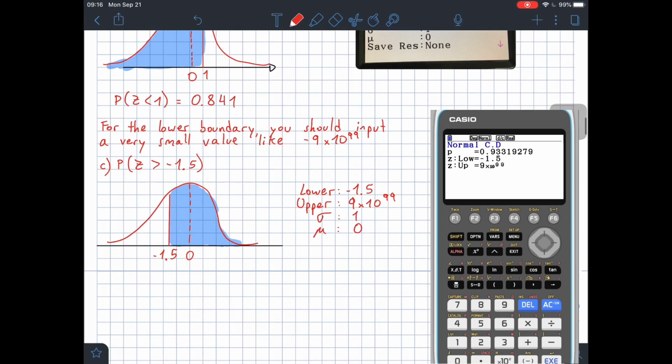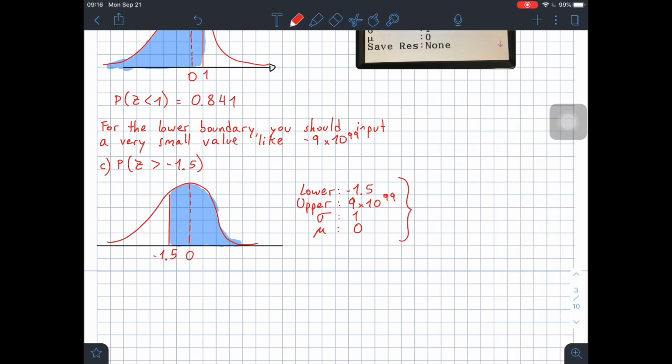Okay, so with all of this information in the calculator, we're going to get that the probability of C being greater than -1.5 is equal to 0.933. That means that this blue shaded region over here represents 93.3% of our information. Okay, this was an answer. This is also an answer.